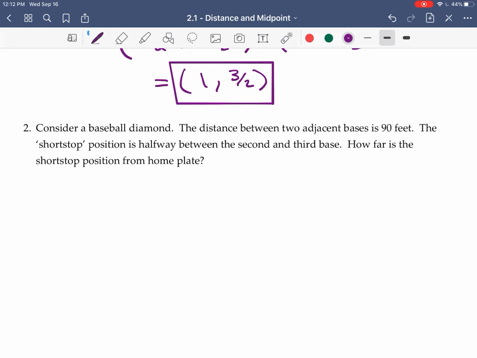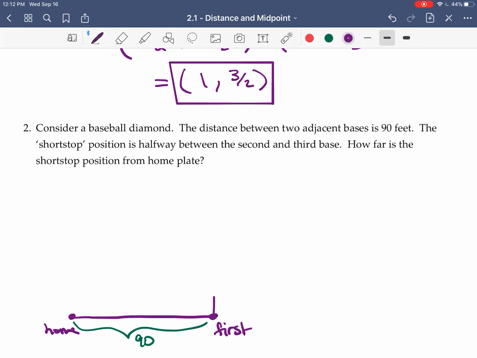So I'm going to start by drawing a picture. Okay, now I'm going to draw it on its side here. So this is home plate. Here is first base, and this distance is 90 feet.